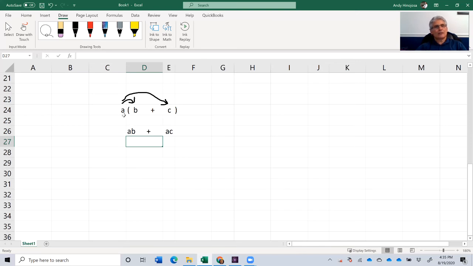Using distributive property, then I know that a multiplied by the parentheses of b plus c can be converted to ab plus ac. So the ab is brought here, the plus carries down, and then the ac gets carried down here. So this expression becomes equal to this expression.